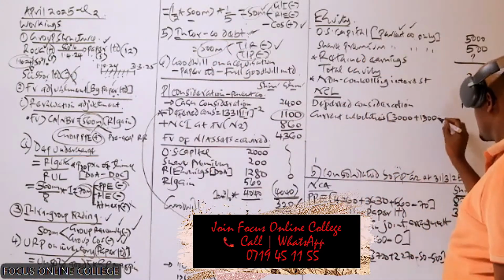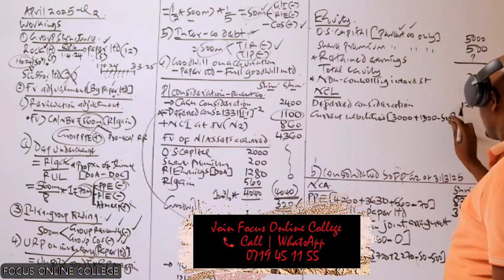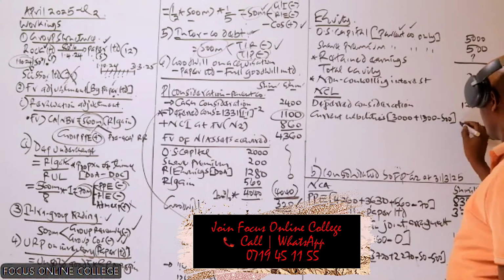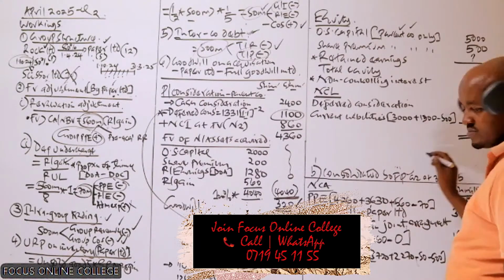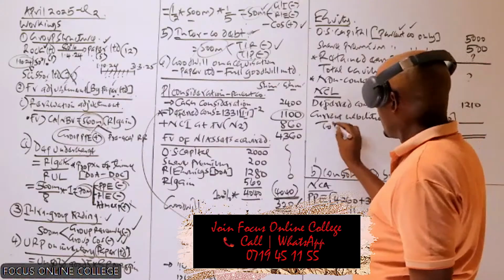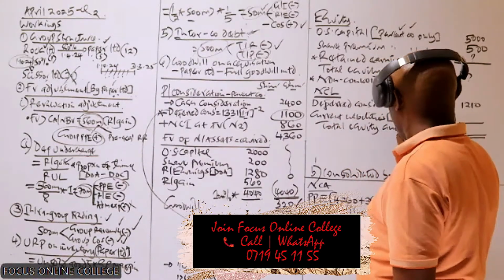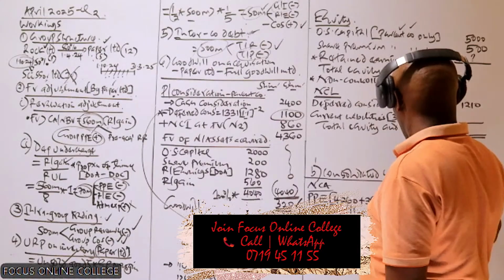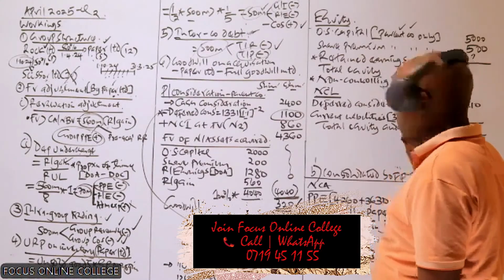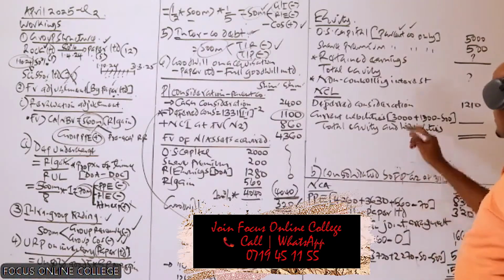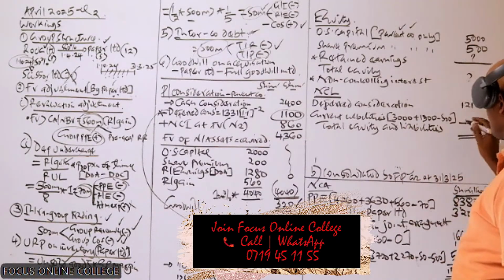So that one should be deducted here, 500. So give me the final figure for current liabilities.